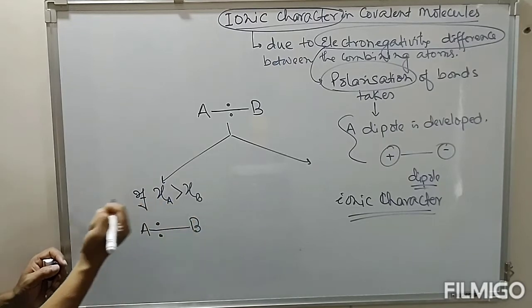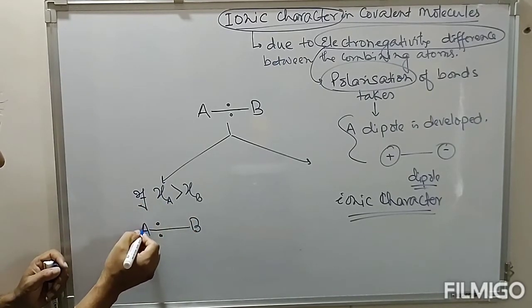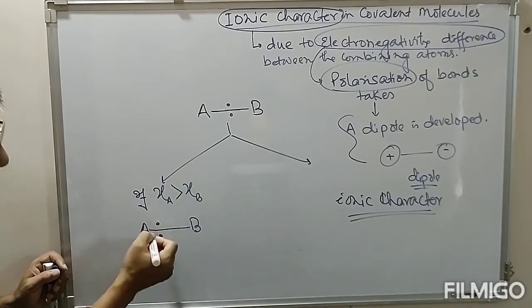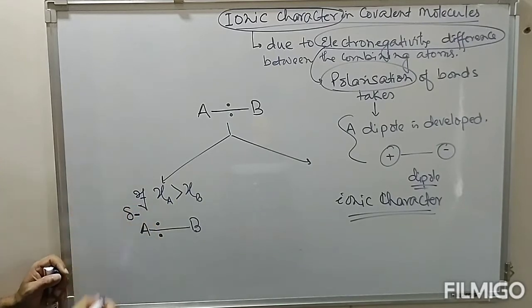So A withdraws the pair of electrons towards itself. As a result, electron density on A increases. So as the electron density increases, this develops a partial negative charge.